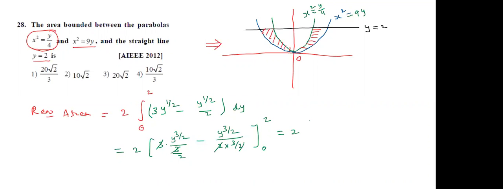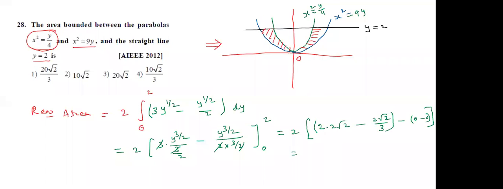Now 2 into 2 y power 3 by 2, substitute 2 power 3 by 2, that is 2 root 2, minus here also 2 root 2 divided by 3, into minus the lower limit, you will get 0 only.